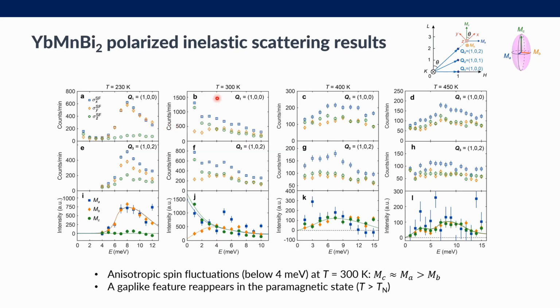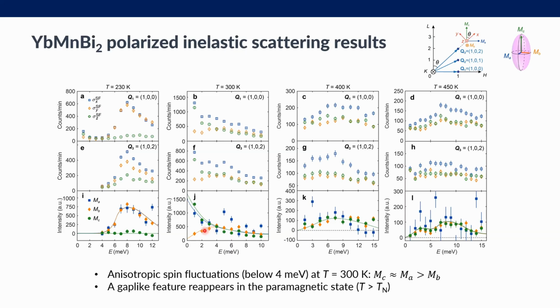But when the temperature is 300 Kelvin, which is slightly above the Néel temperature, we would expect the system to be in the paramagnetic state. That means the spin fluctuations along the a, b, and c axes should be isotropic. But actually, we observed a strong anisotropy between Na and Nb here.